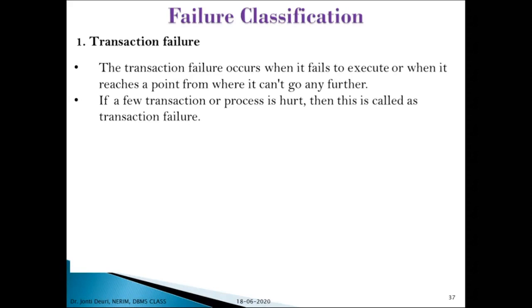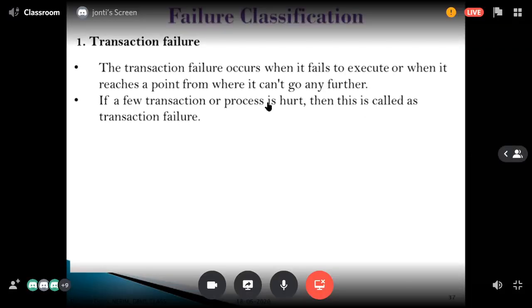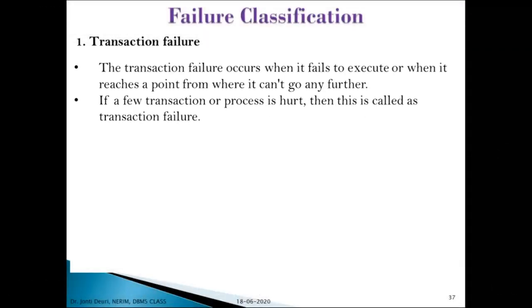So transaction failure occurs when it fails to execute, or when it reaches a point from where it cannot go any further, like we cannot complete that execution, right? So if a transaction or process is halted, then this is called transaction failure.